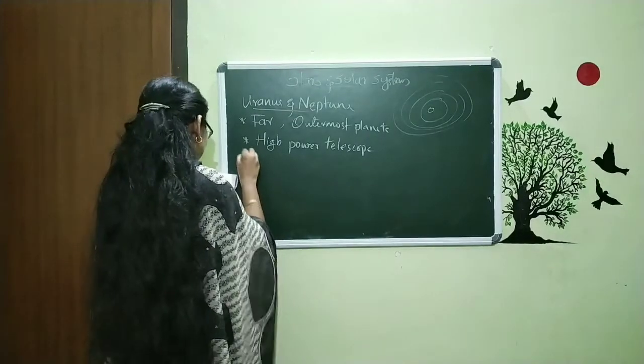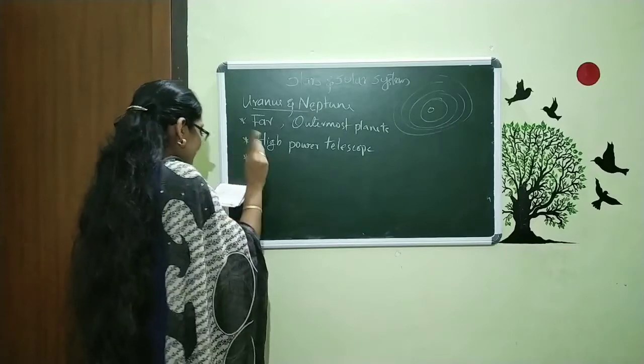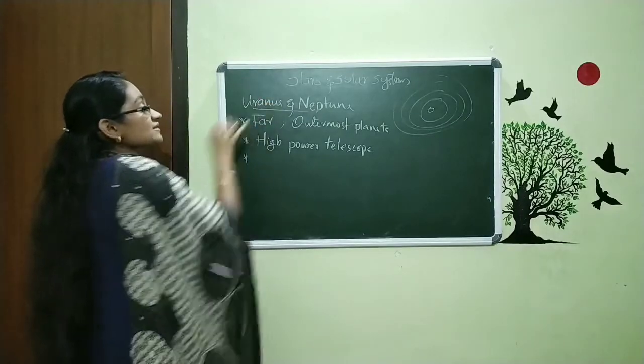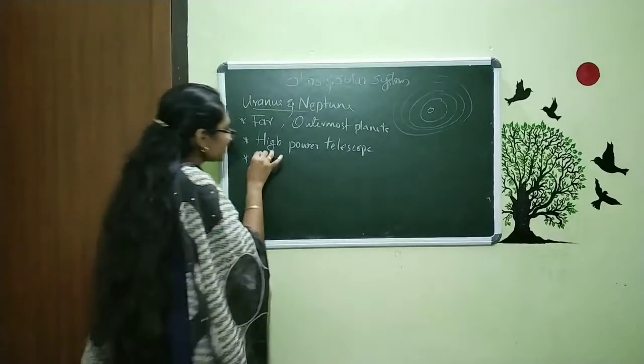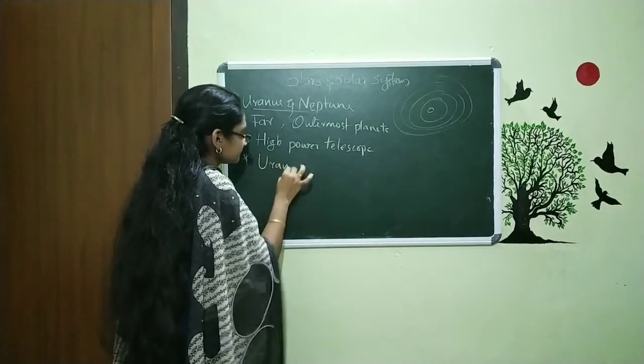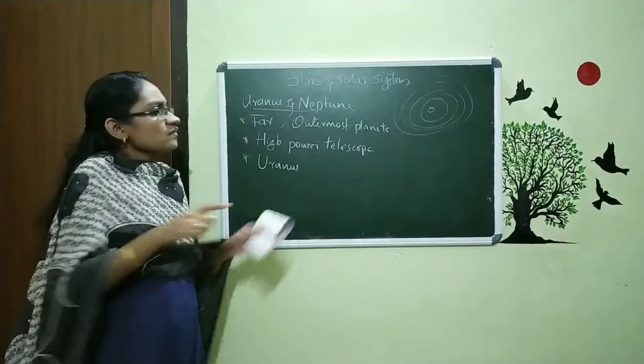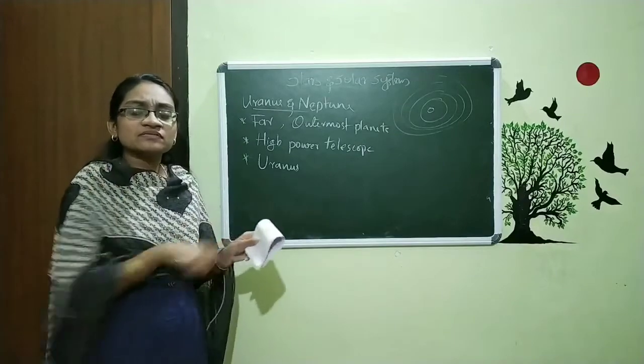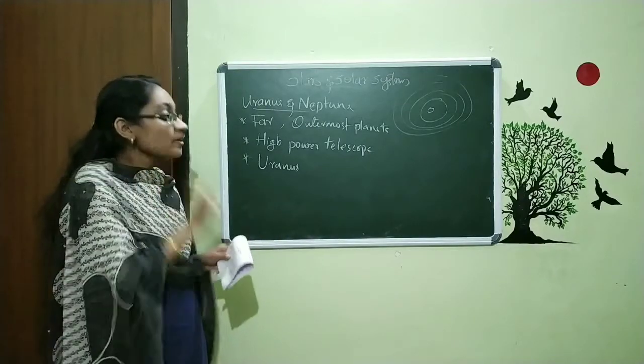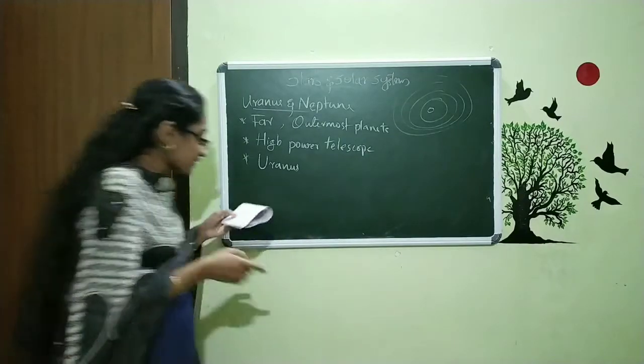The next point is about Uranus, not about Neptune. For Uranus, what about the rotation? Which is the direction? About Uranus, this is the peculiarity.